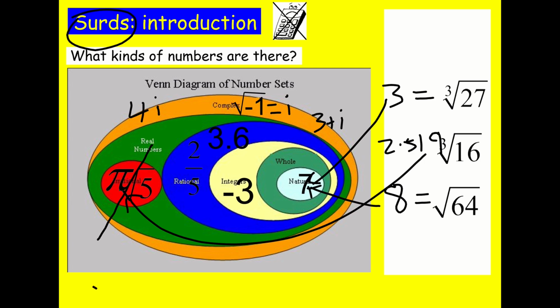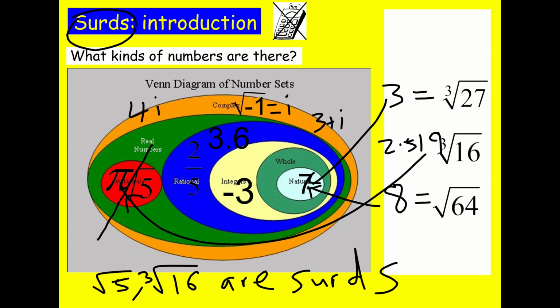So basically, root 5 and the cube root of 16 are surds. They are when you are taking the root of something and you don't get a nice answer. Whereas root 64 and the cube root of 27 are not surds. They might involve roots, but I can simplify them to nice numbers. So just think of surds like basically a root that you cannot simplify.